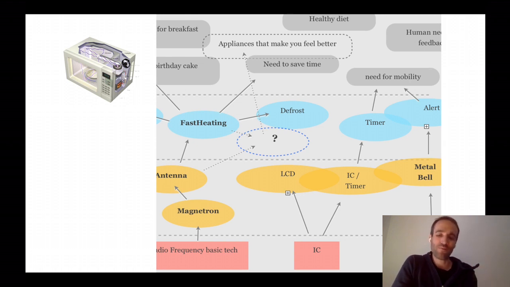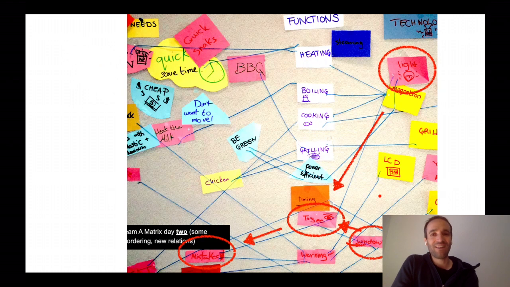So I'm going to show you the outcome of a workshop we did here in my university. The students plotted on the wall the market needs here. So here's quick, cheap, heat the milk, I don't want to move, be green, right? Barbecue, chicken, right?